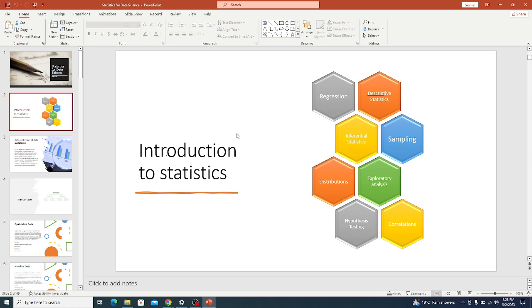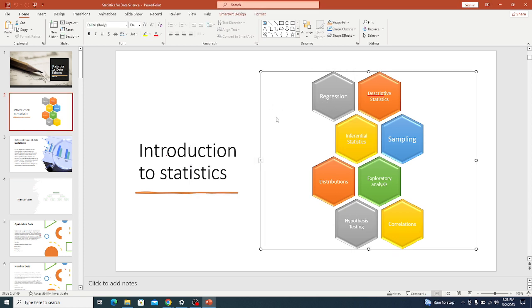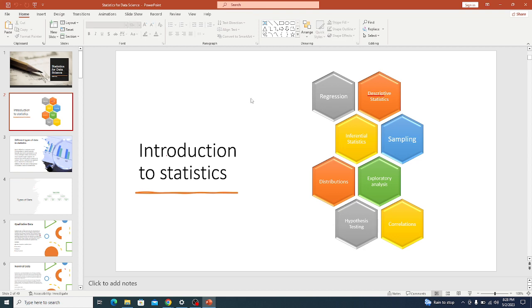Regression, make sure you underline this. It's a major topic in statistics because under regression we'll be creating predictive models, and when you learn machine learning, you will interact more with regression, that is linear regression and also logistic regression.